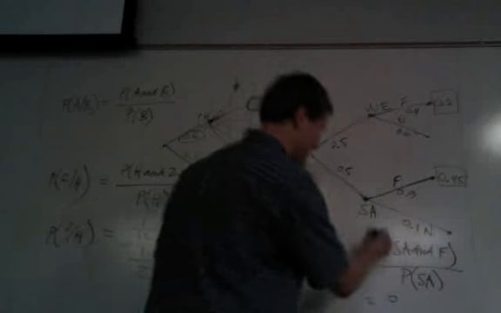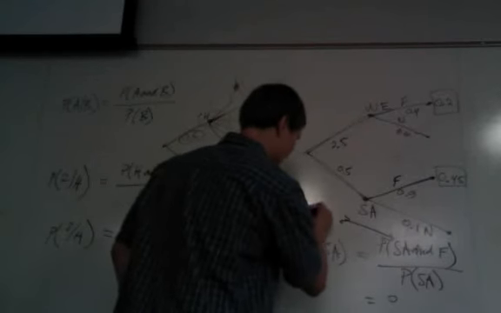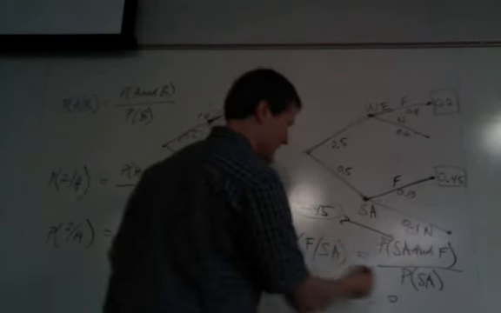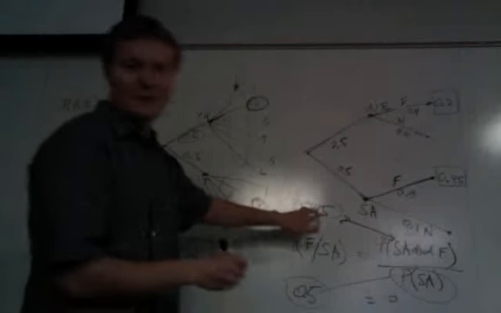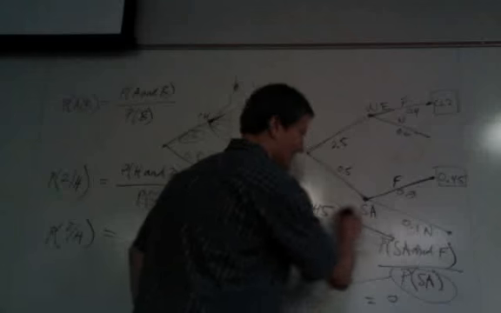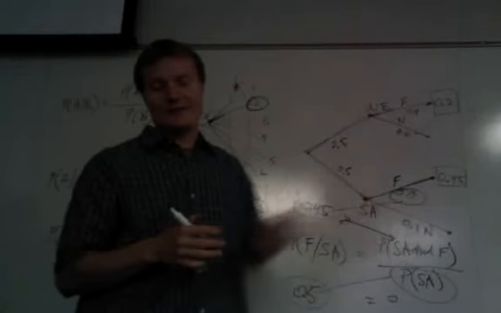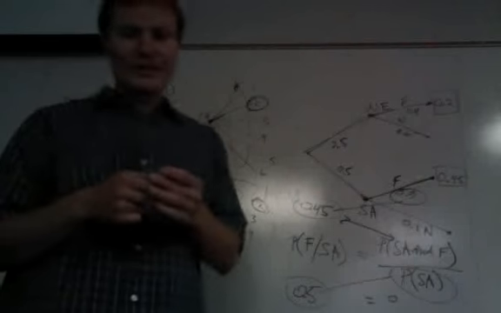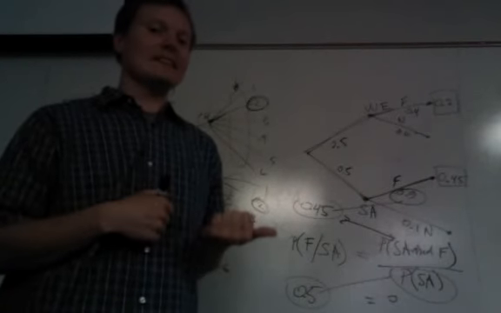This number is 0.045. This number is 0.05. And if we divide 0.45 by 0.05, we get 0.9. So this formula could be useful if we just weren't given this number. So that's the conditional probability.